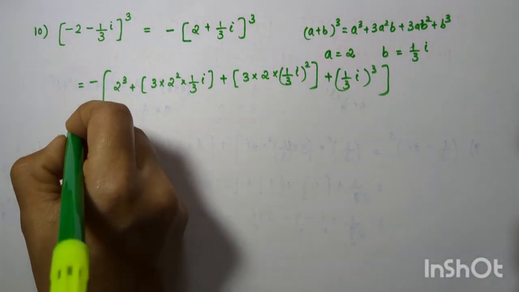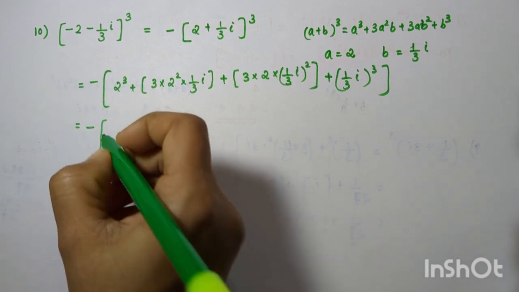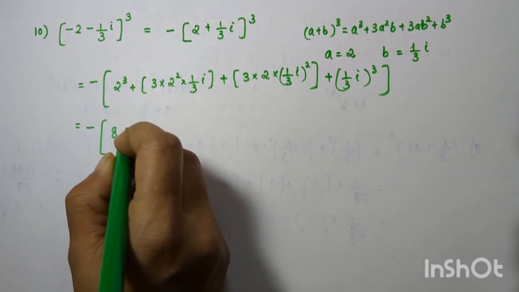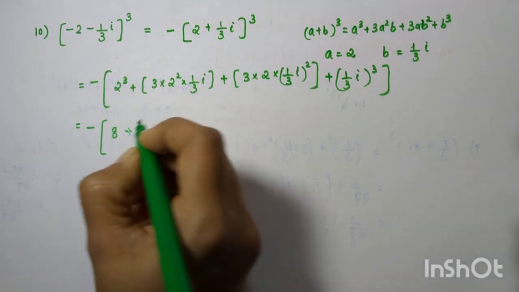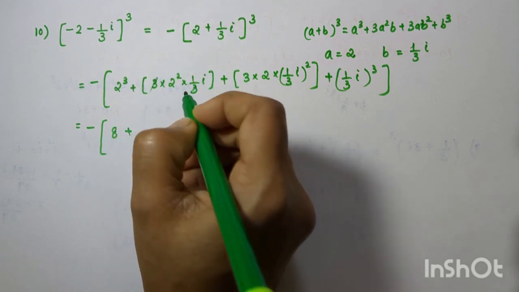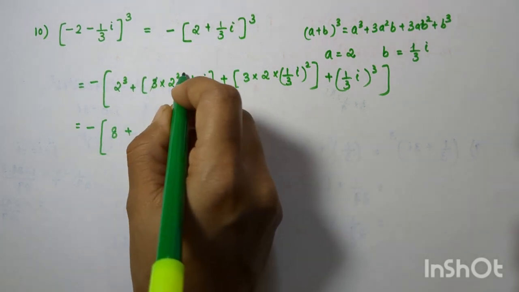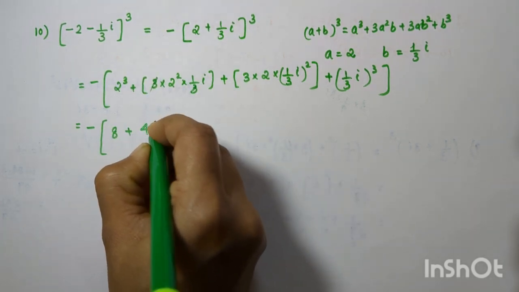Now this can be written as minus of 2 cube is 8, 2 into 2 into 2, plus within the bracket, this 3 and this 3 can be cancelled, 2 square is 4 into i, 4i.